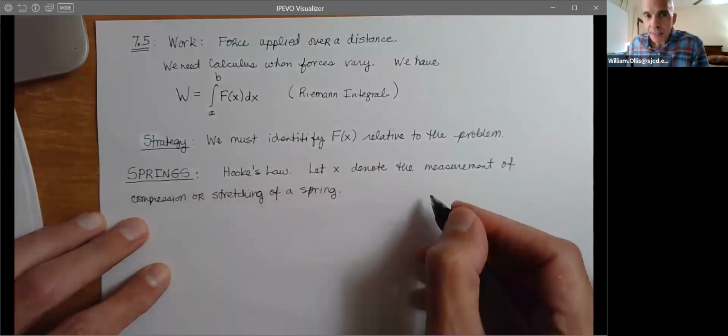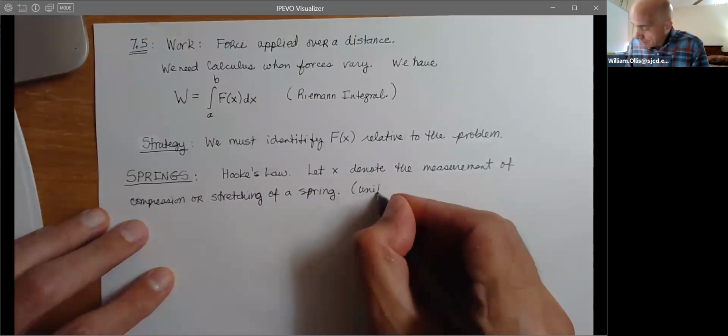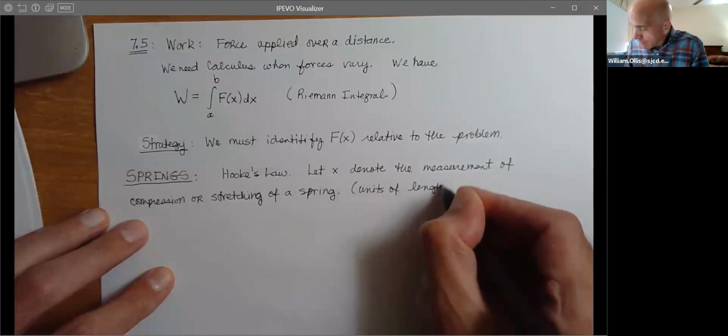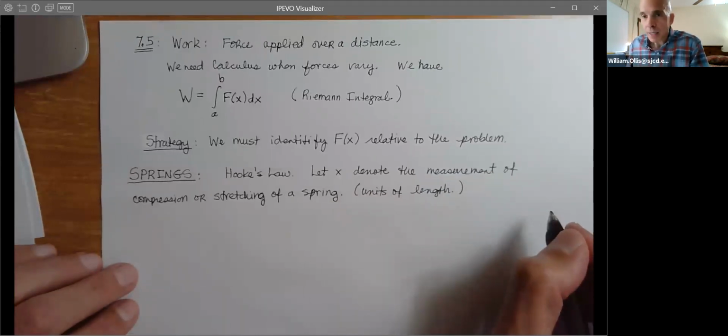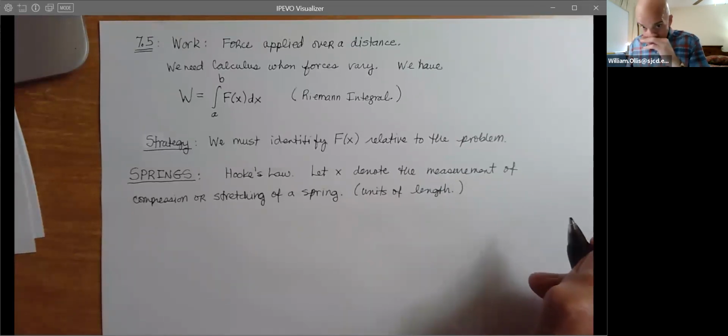And this would be in units of length. Maybe you compress a spring 2 centimeters or 1 inch, or stretch it 2 inches or whatever.